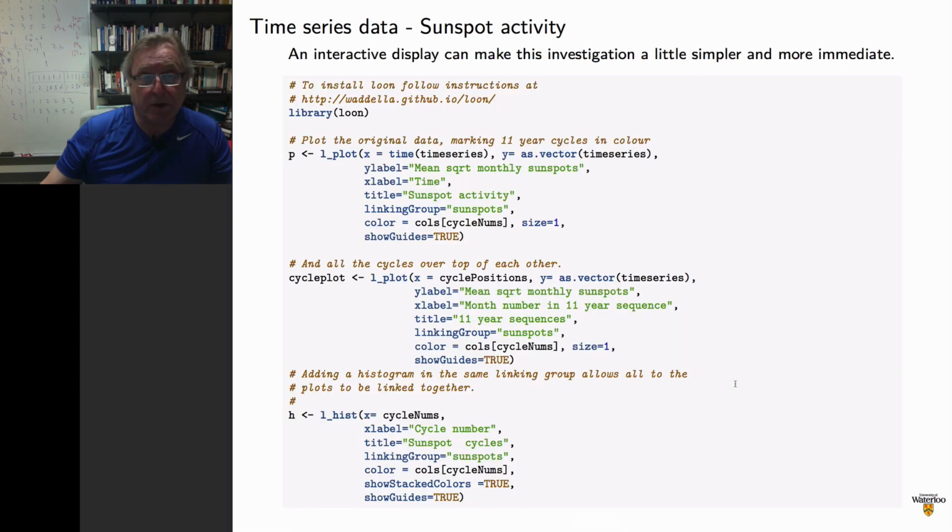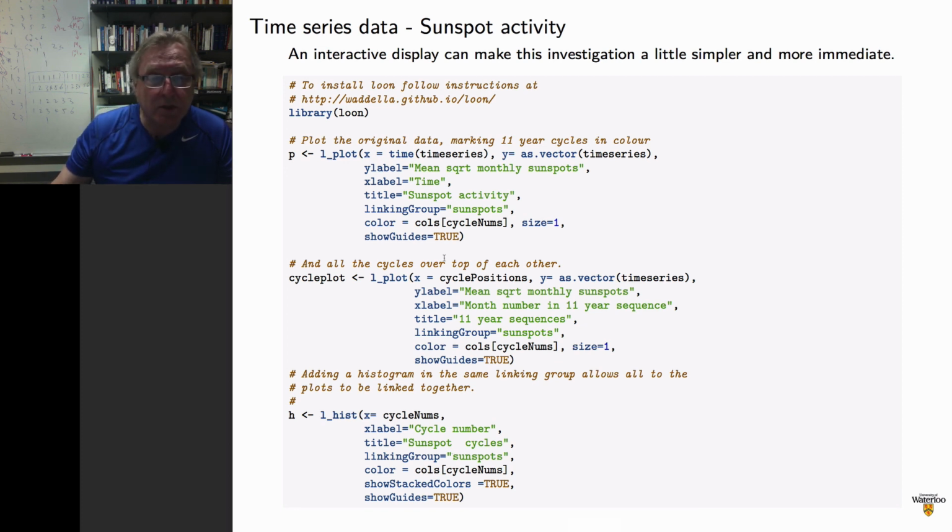What makes this a little bit fun is if we look at this time series interactively, which we can do with the loon package. Here we'll plot the time series as before and overplot all the cycles on top of each other. Now instead of lines, I'm going to have characters, so you'll actually see the scatter plot, as it were. And have a histogram. The histogram is going to identify the cycle numbers.